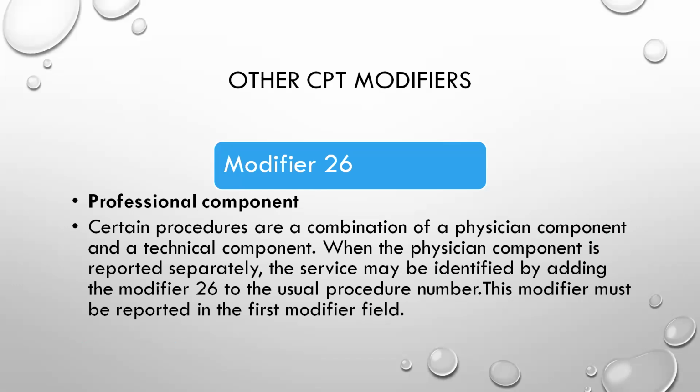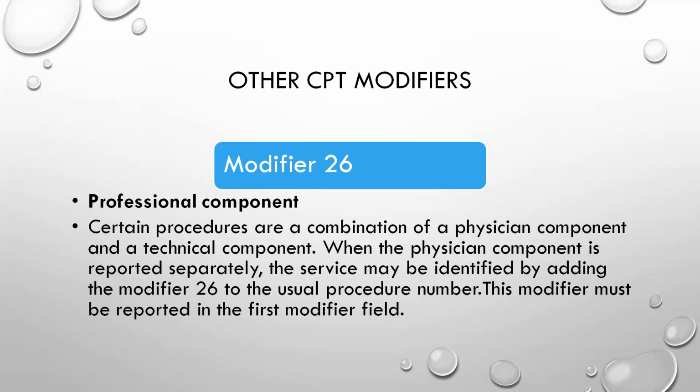There are 3 CPT codes that tell you which is the professional portion, which is going to be your interpretation and your read. There's a portion that is just for the EKG strip, and then there is the complete EKG where your provider performed all of the components.